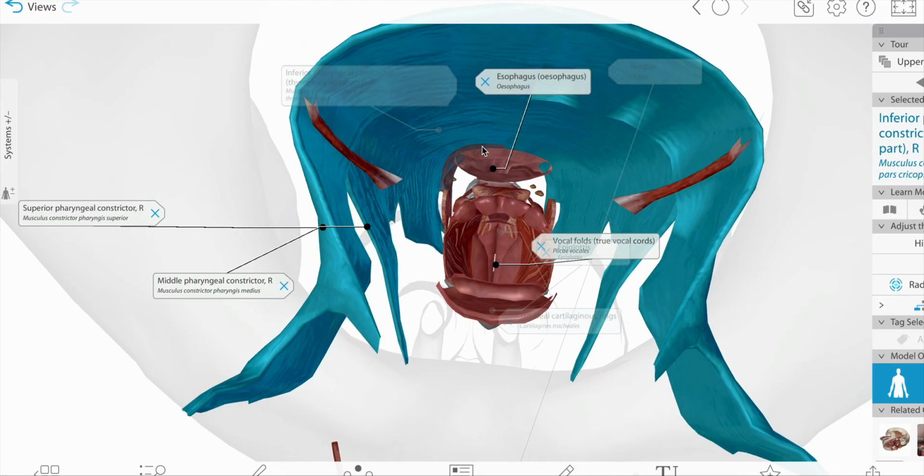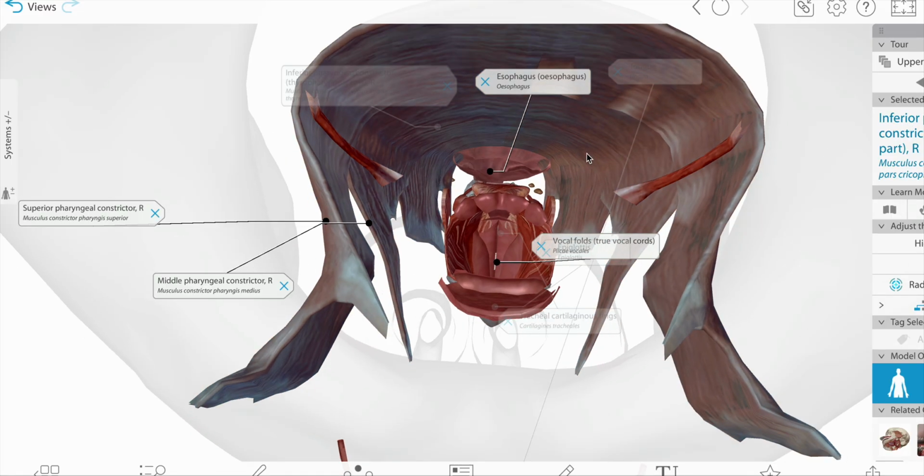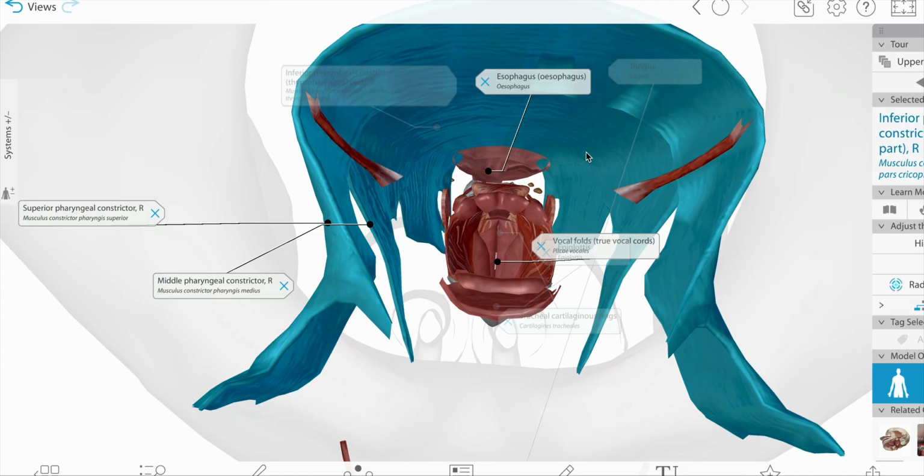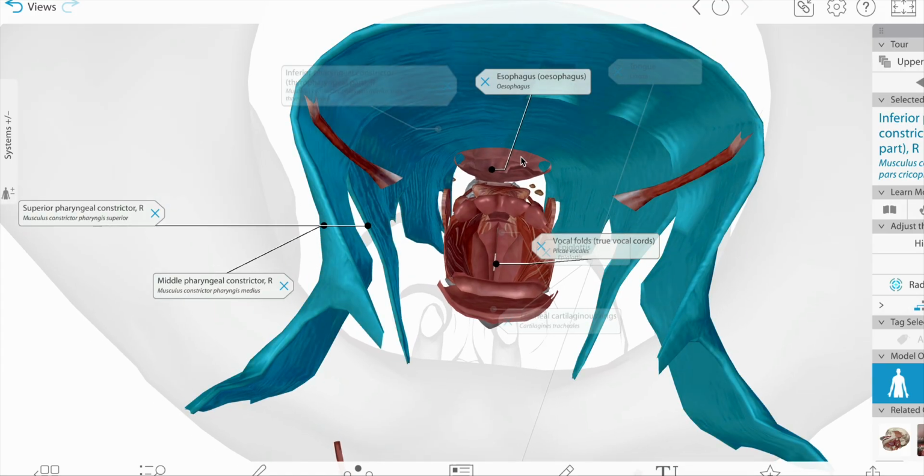They are innervated in general by the cranial nerves, which come from the brainstem. So it's a relatively primitive control that we have over swallowing. We swallow even when we're still in utero. It doesn't require a whole lot of skill or training to be able to constrict your pharyngeal constrictors and swallow.